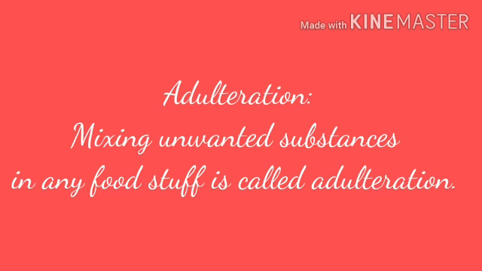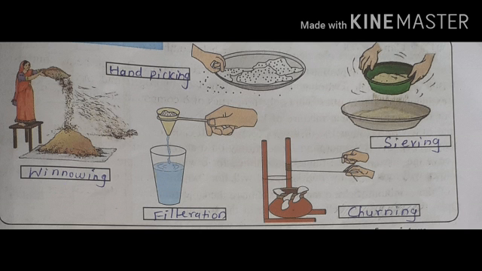In such cases, we separate the unwanted ingredients from the mixture. For example, simple and easy methods such as winnowing, hand picking, filtration that is straining, churning, sieving, sorting, combing with a magnet and sublimation are used.